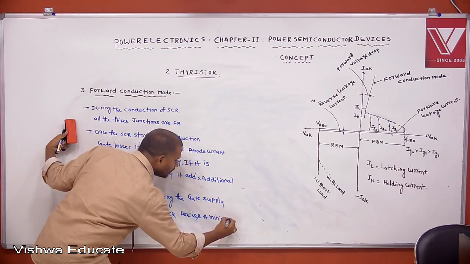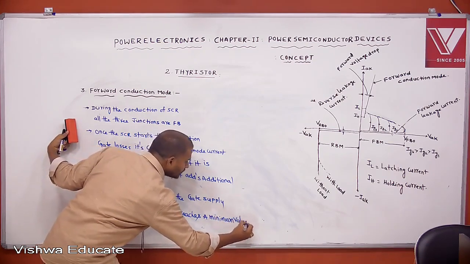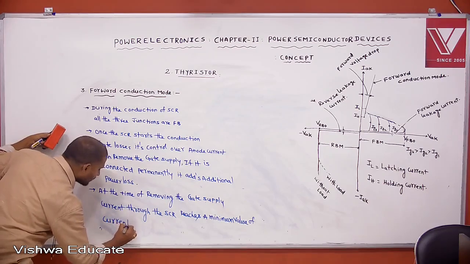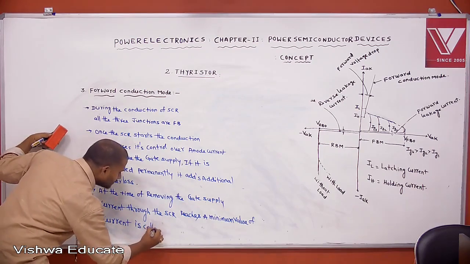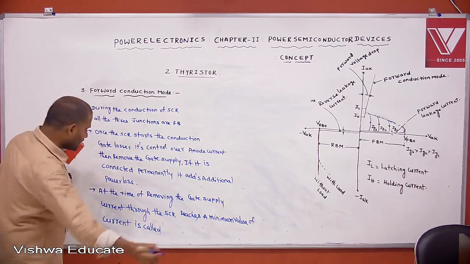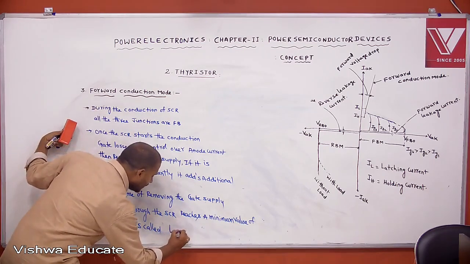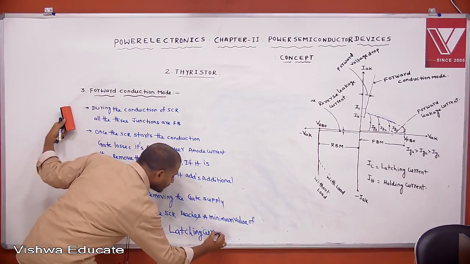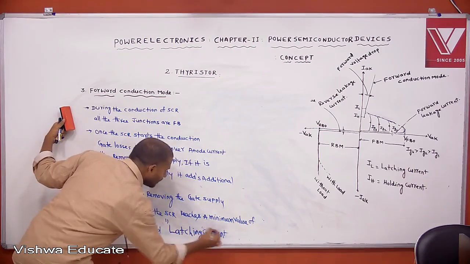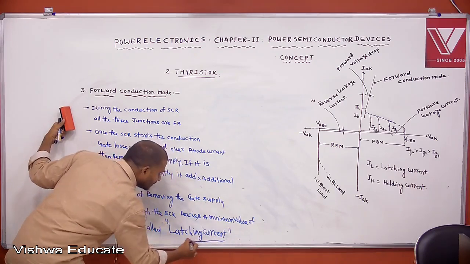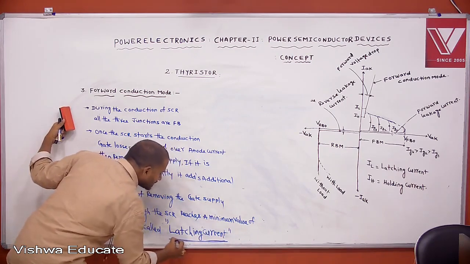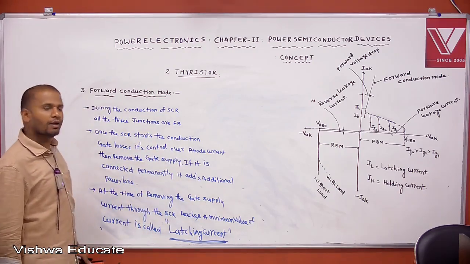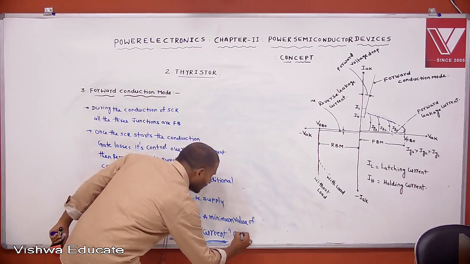The minimum value of current is called which current? Yes, answer: latching current. Very important. It is the minimum current through the SCR at the time of removing the gate supply. It's called latching current, IL.